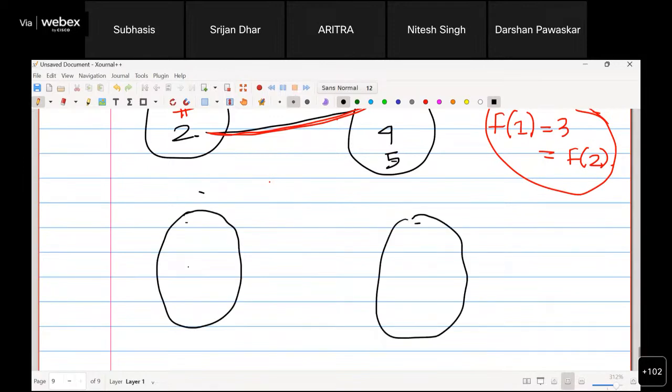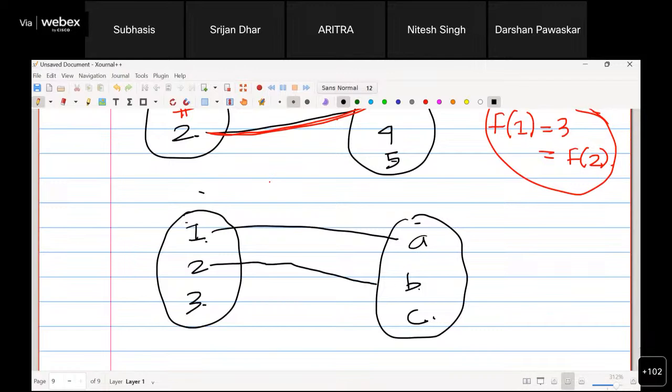So let's say this is 1, 2, 3, and this is A, B, C. 1 goes to A, 2 goes to B, 3 goes to C. First tell me what is the range of this function.